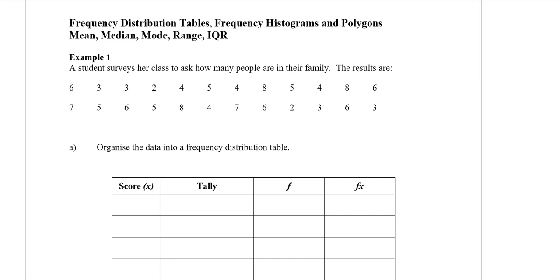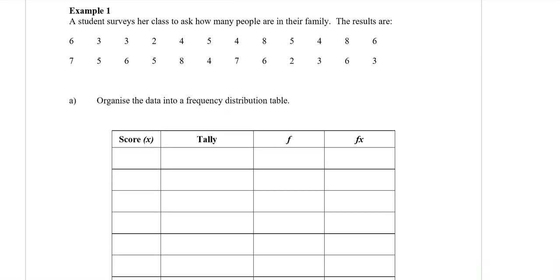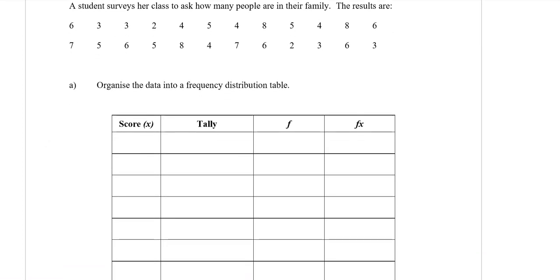Okay, so the first thing we need to do, we have a bunch of raw data here. We need to put them into the table below. First thing you should do is look through this big giant list here and try to find the smallest and the largest number that you can find in there. So the smallest number, is there anything smaller than a 2?